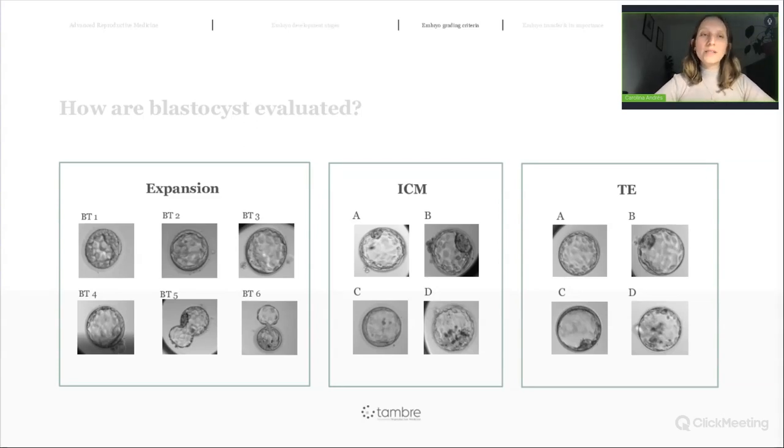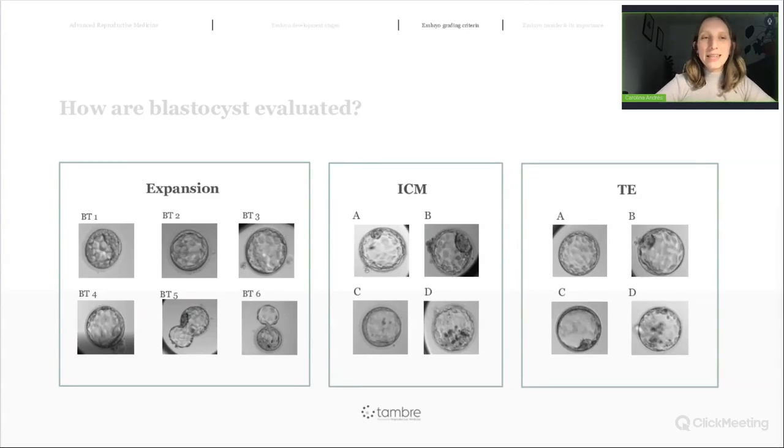So as I was talking about the expansion, here in the first part of the slide, you can see that blastocyst 1 is a blastocyst which is starting to form. The cavity in the interior is starting to appear. We cannot yet differentiate between the inner cell mass and the trophectoderm.